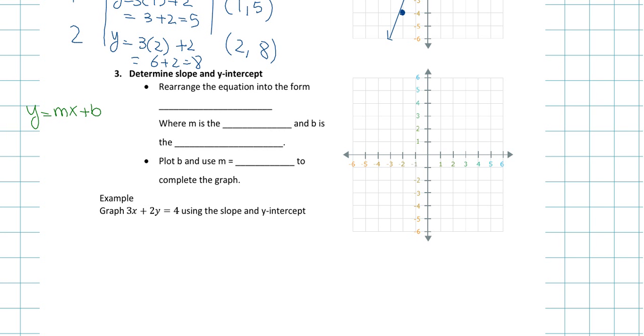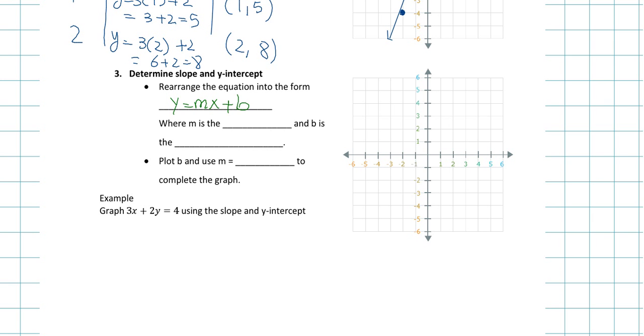Now, m represents, I should write this right here, I'm just going to write it on the line. m represents the slope.